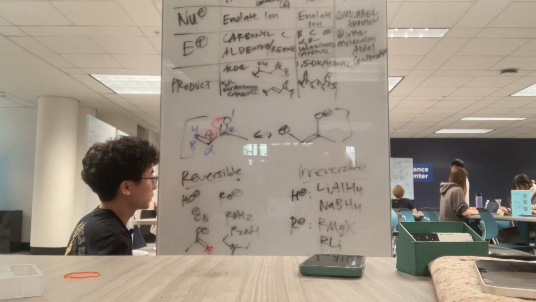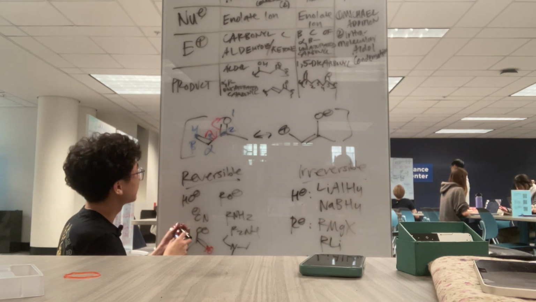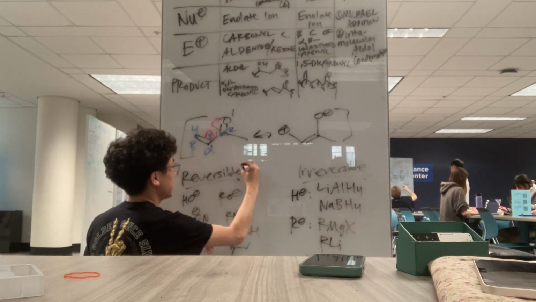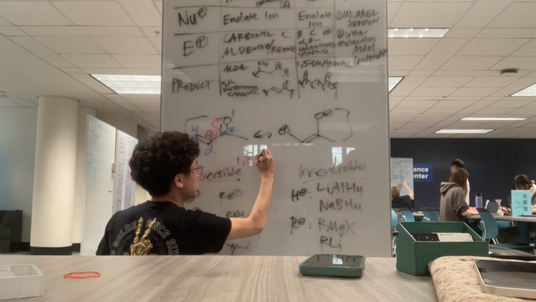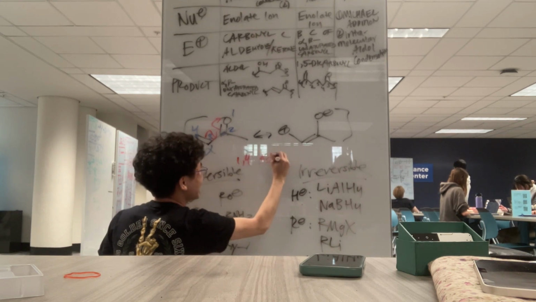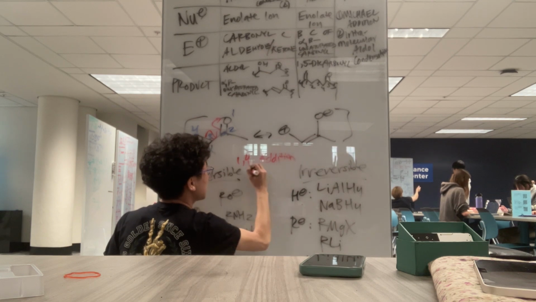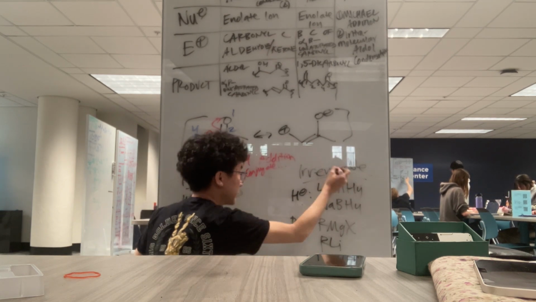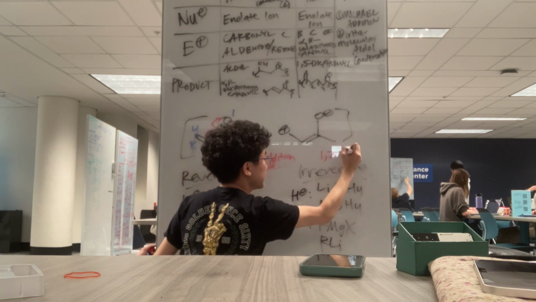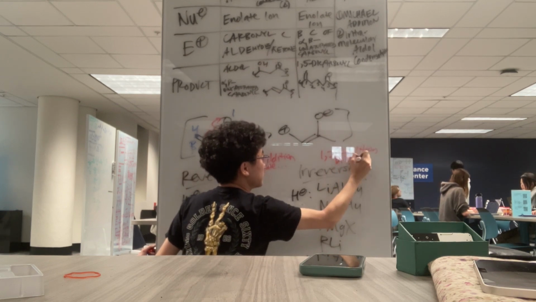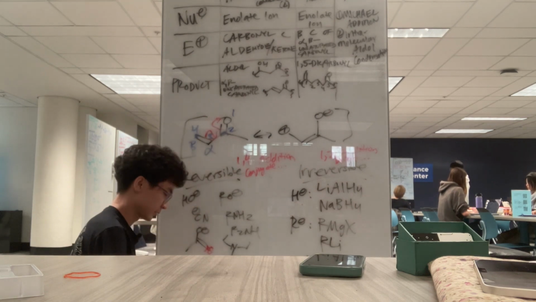These are your reversible nucleophiles that would do a 1,2, no, 1,4 addition, aka conjugate addition. The irreversible nucleophiles are going to do 1,2 addition, aka direct addition.